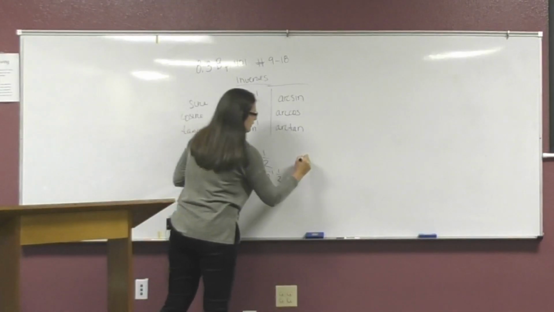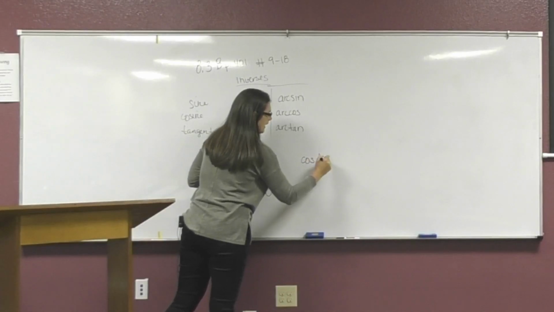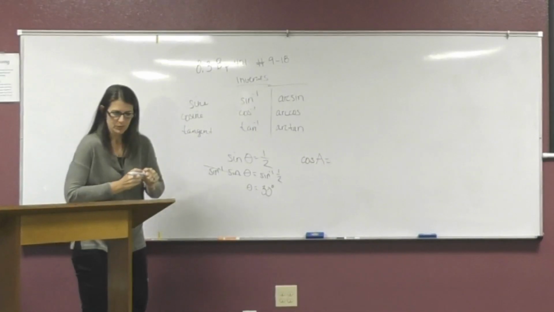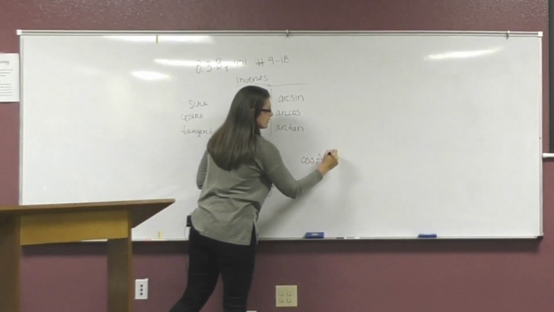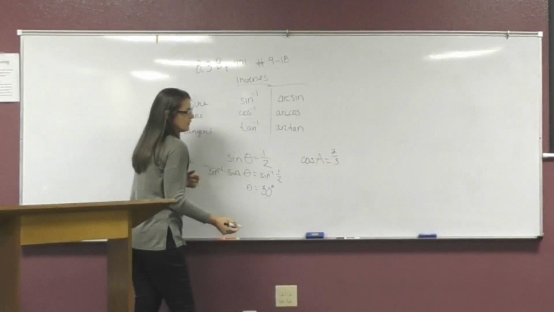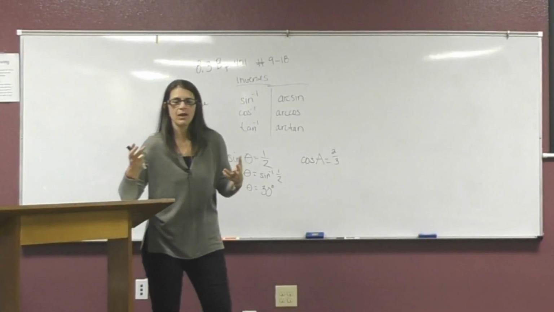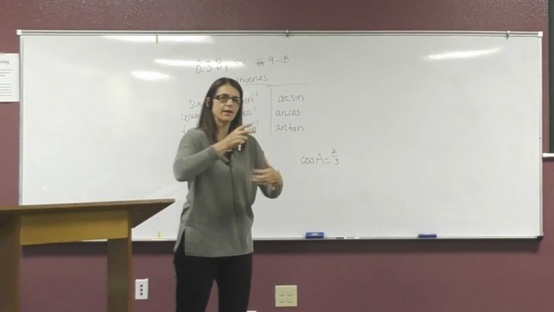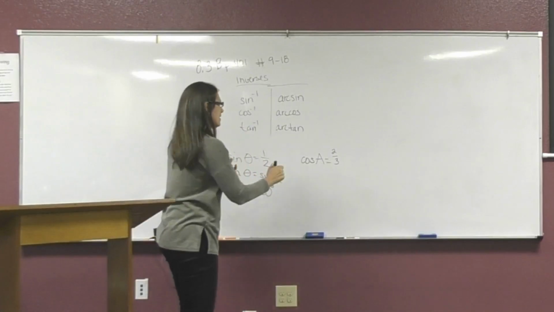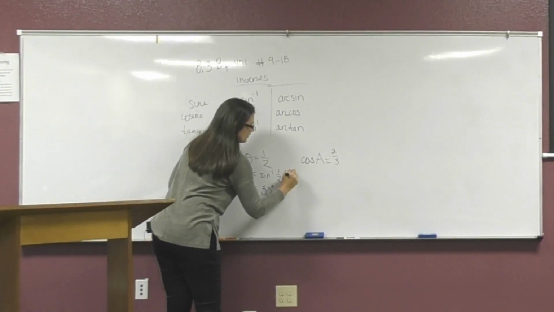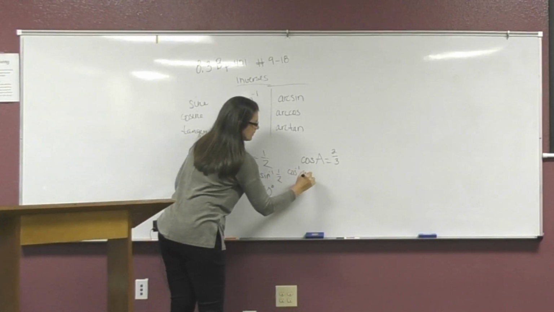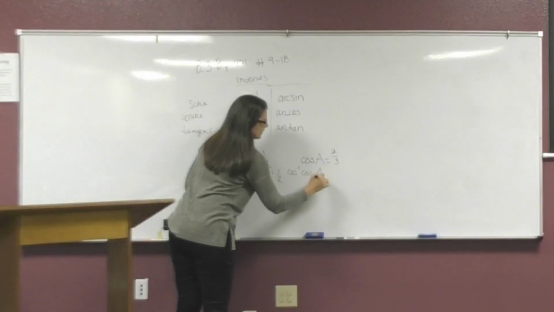We have cosine A equals 2/3. So again, A is representing that unknown angle that I'm looking for, so I got to do the inverse, all right? So I'm going to do the inverse of cosine.